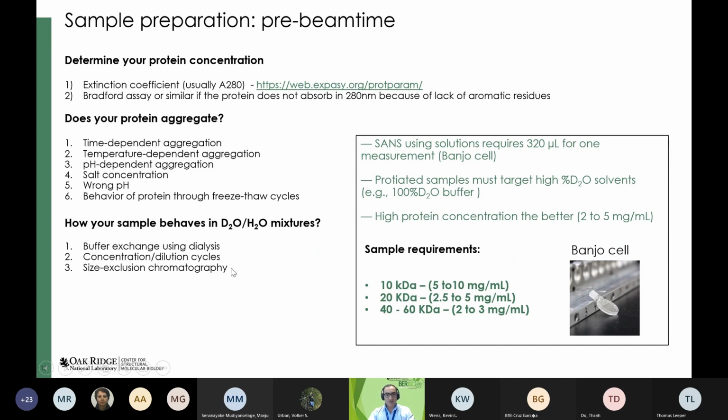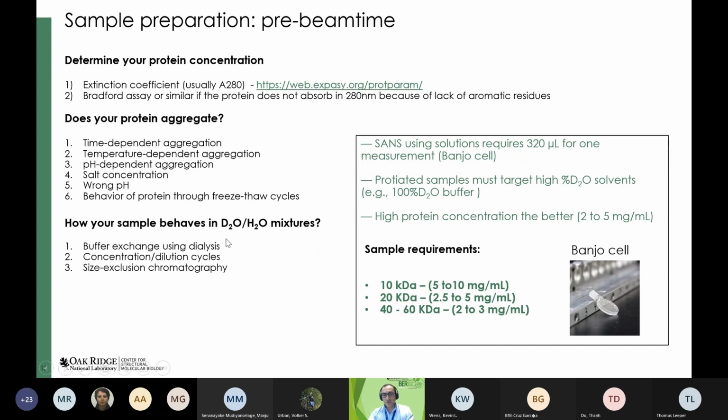Sometimes in concentration and dilution series the sample does not like to be at a higher concentration, so the best way to do the buffer exchange is using dialysis. That is kind of tricky. It's good to know before the beam time, because when you are here, there are so many things that we have to go over, and if you have those issues on the day of the beam time, it may be critical for your experiments.